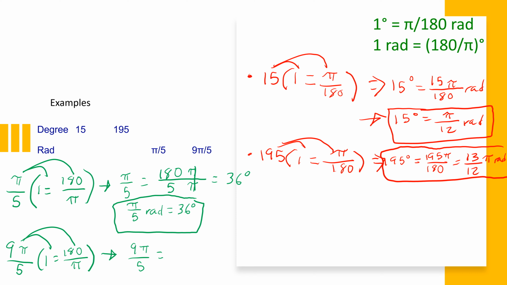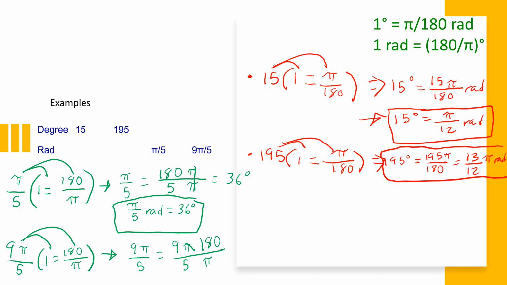So I get 9 pi over 5 equals 9 pi times 180 all over pi times 5.